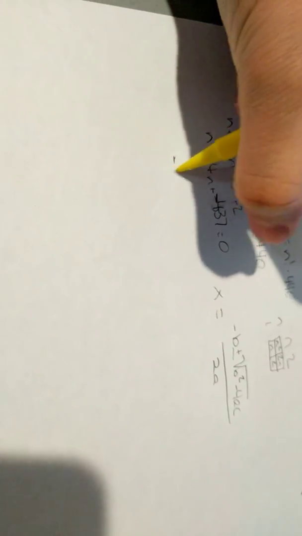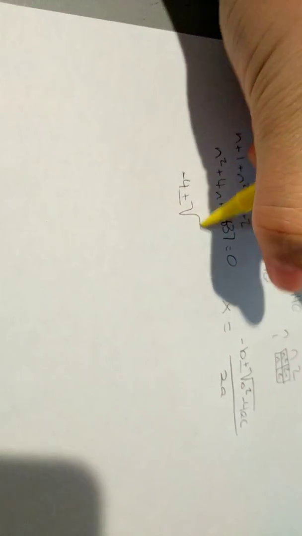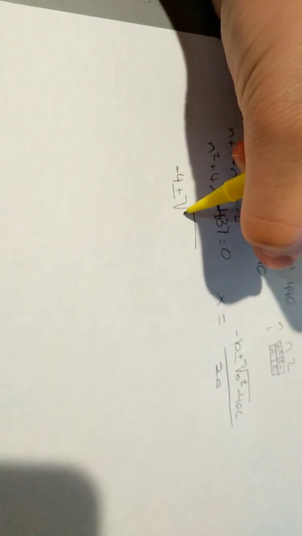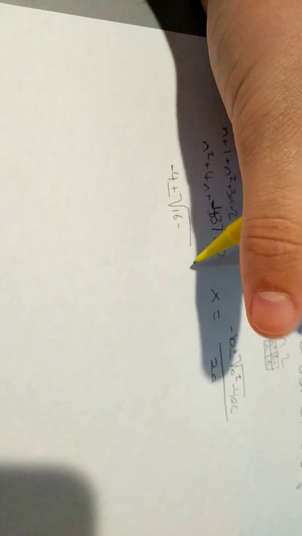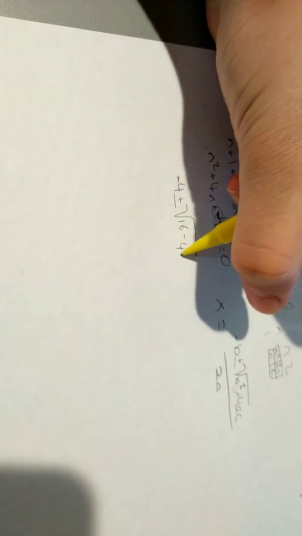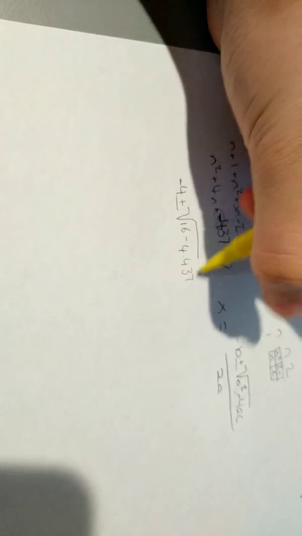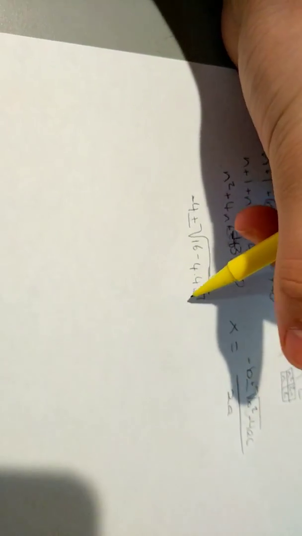Okay, so negative b is this, plus or minus the square root of 16 minus 4ac, so this negative over here and this negative are going to cancel out, and so it's just 4 times 1 times 437, divided by 2a, a is just 1, so it's just divided by 2.